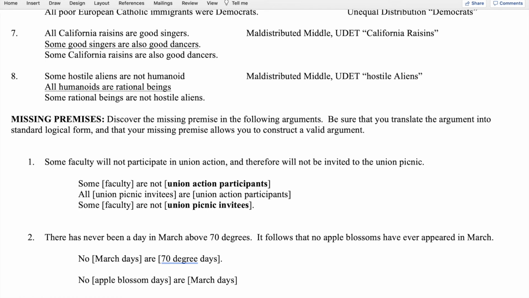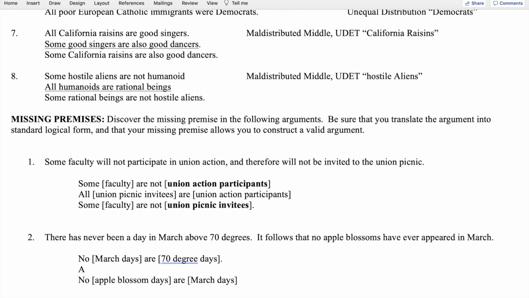So now we generate the missing premise. We notice that we have two universal negatives. So in order to avoid the unequal negation, we have to again have an affirmative missing premise. And then we can look for the middle term, and the middle term is 70-degree days.